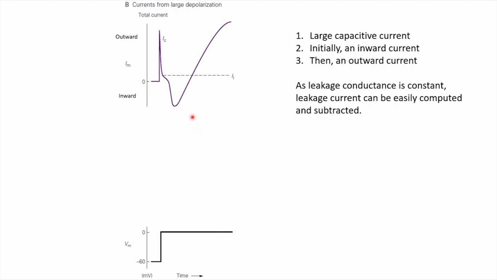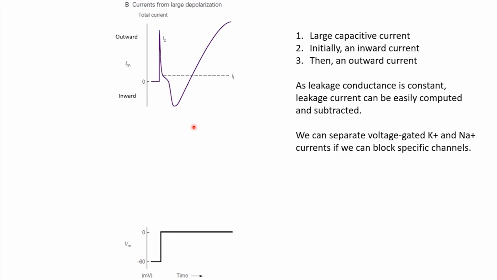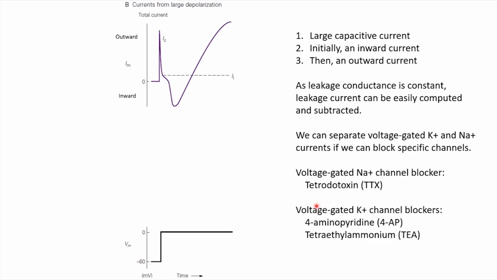And now can we resolve what part of this current is because of sodium channels and what part is because of potassium channels? Well, for that we can use the pharmacological agents as we saw in the last video. So for sodium, we can block the voltage-gated sodium channels using tetrodotoxin. Similarly, for potassium, there are other chemicals like 4-aminopyridine or tetraethyl ammonium.